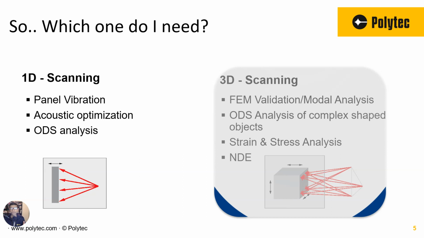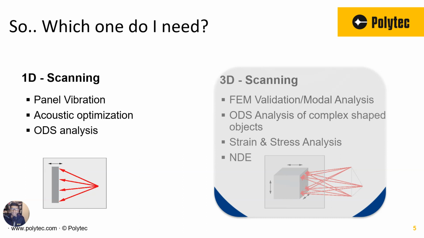Now, strain is a purely in-plane phenomenon, so you want to be able to measure it. Or there are some other cases like brake squeal measurements, which happens because of the cross-coupling between the out-of-plane and in-plane motion. There you want to measure in true 3D. Non-destructive testing or evaluation is another one where you may be studying wave propagation for defect detection. So think of more complex structures, FE model update, all those are ideal for a 3D measurement.